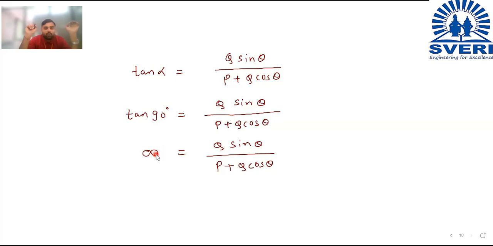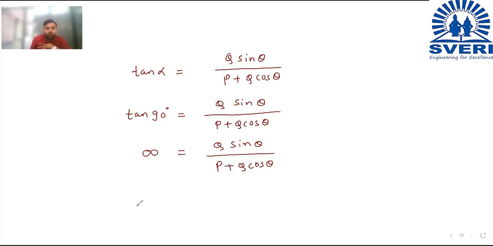Denominator is 0. So you will always get the answer as infinity when your denominator is 0. So this is my denominator: P plus Q cos theta is my denominator. I am getting the answer as infinity. So when do I get this answer as infinity? When this denominator is 0.